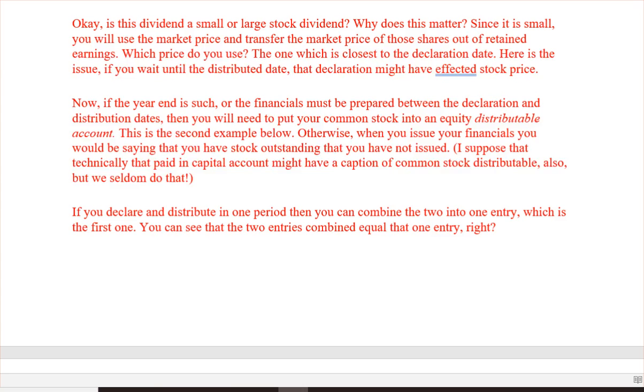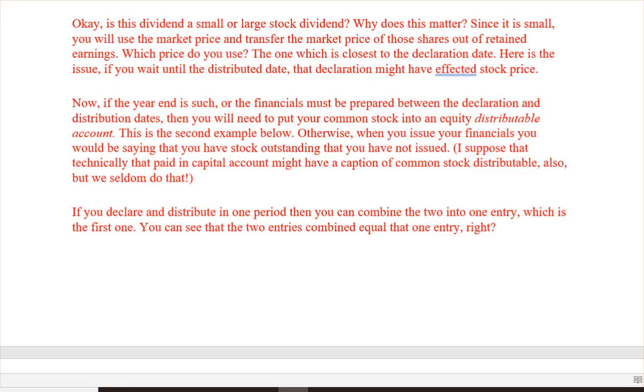And in the solution which follows, that's the second one. If it's all done all together, you could combine it into one entry. And if you did that, then that's the solution that's the first one. And you could actually go back and see that they are combined.